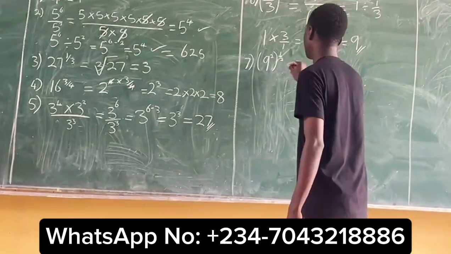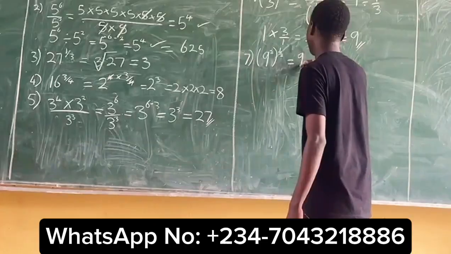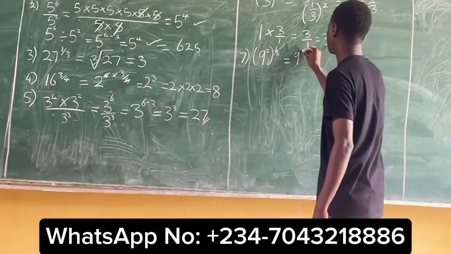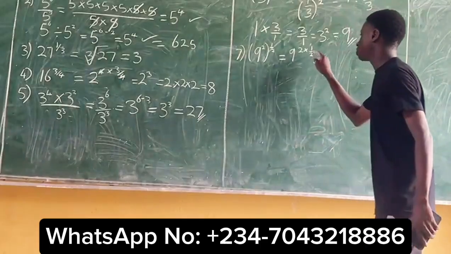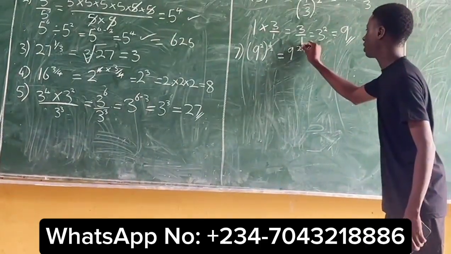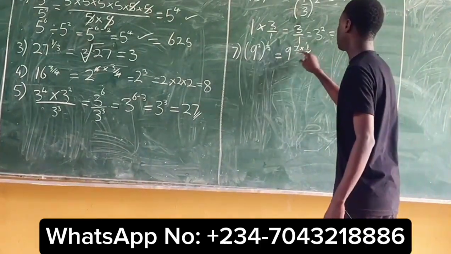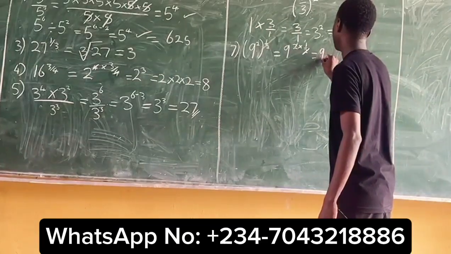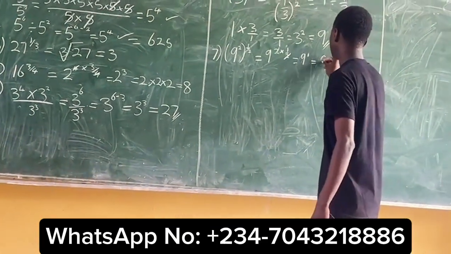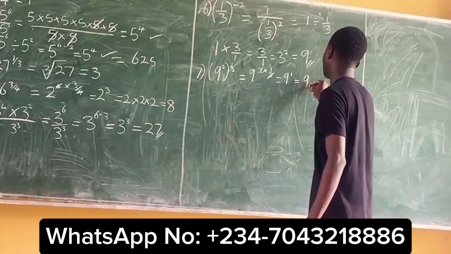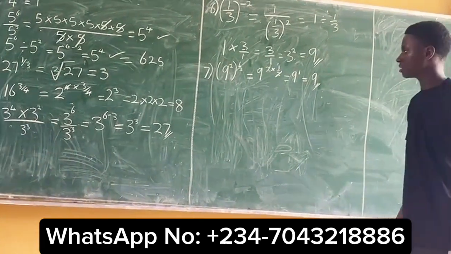Remember, we pick out the 9, and then we multiply the powers: 2 times 1 over 2. The 2 here will cancel the 2 here, and then we are left with 9 to the power of 1. And 9 to the power of 1 is the same thing as 9. So this is our final answer.